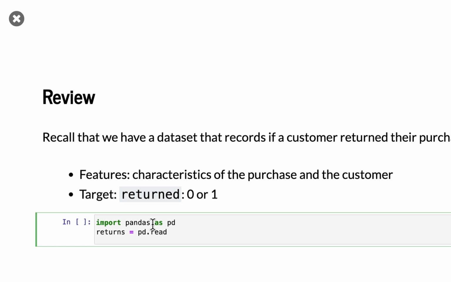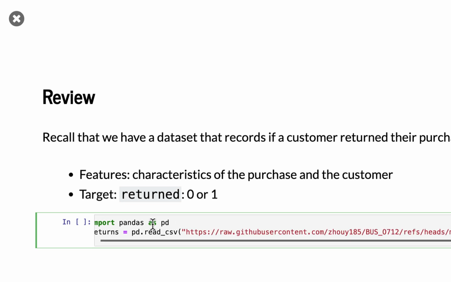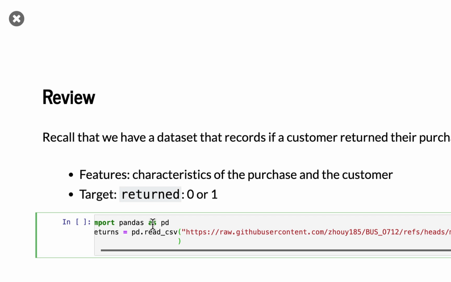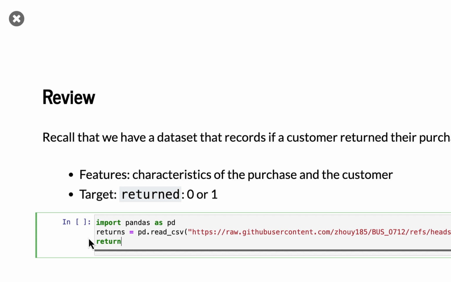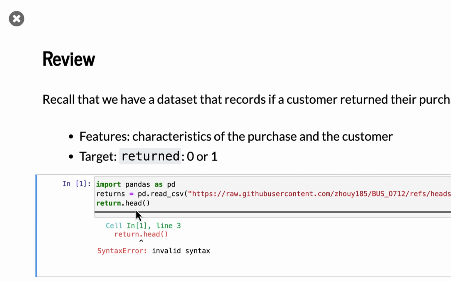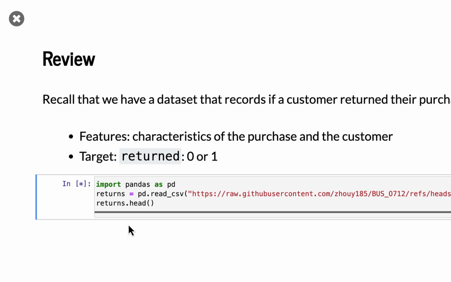Let's just call it return this time. Of course, you can choose whatever you prefer. Okay, and read CSV, and then paste this link to the data set. And then let's look at the first few lines as usual. Returns.